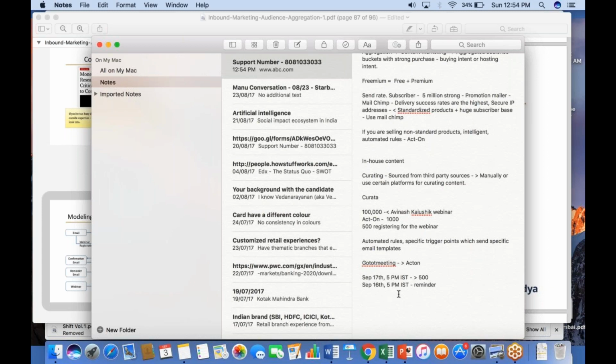Acton sends this out automatically. Again on September 17th, 6 hours prior, at 11 a.m. IST, another reminder goes out. And then on September 17th at 4:30 p.m. IST, half an hour before, another reminder goes out.